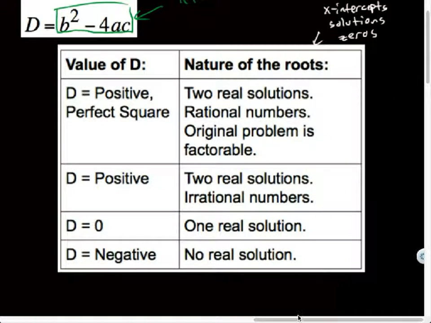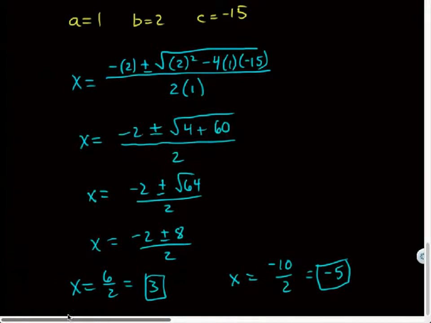So notice, let me rewind. Notice what happens to the discriminant over here. The discriminant was the 64. Notice 64 is both positive and a perfect square. And what did I get? I got two solutions, and they're both real, and they're both rational. They could have been written as fractions. And even if this fraction didn't simplify, it still would have been rational.